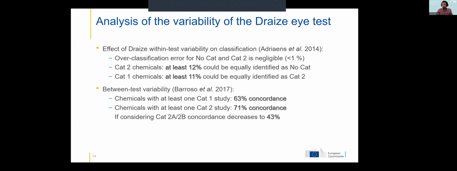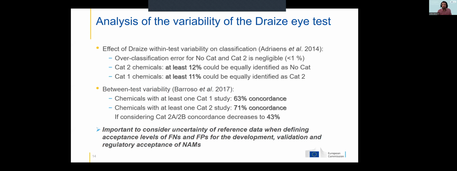And more recent studies, published more or less about the same time, looking at the ECHA registration database, showed similar results and quite a low reproducibility of the Draize eye test. So I would say that it is quite important to consider the uncertainty of the reference data when defining acceptance levels for false negatives and false positives for the development, validation, and regulatory acceptance of NAMs.